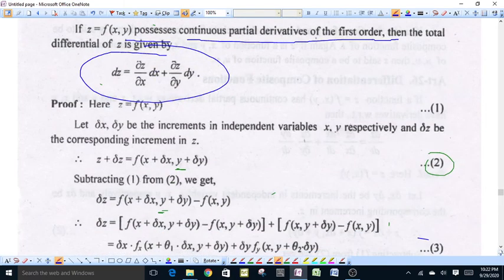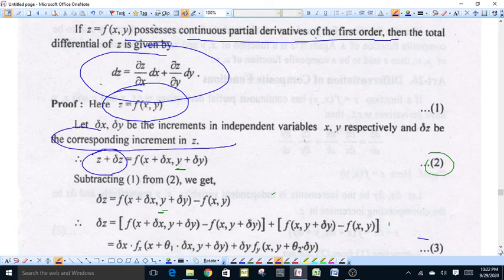So, here we have the function z is equal to f(x, y), and let delta x and delta y be the increments in the independent variables x and y respectively, and delta z be the corresponding increment in z. Then z plus delta z will be equal to f(x plus delta x, y plus delta y), and subtracting equation 1 from 2 we get delta z is equal to f(x plus delta x, y plus delta y) minus f(x, y).